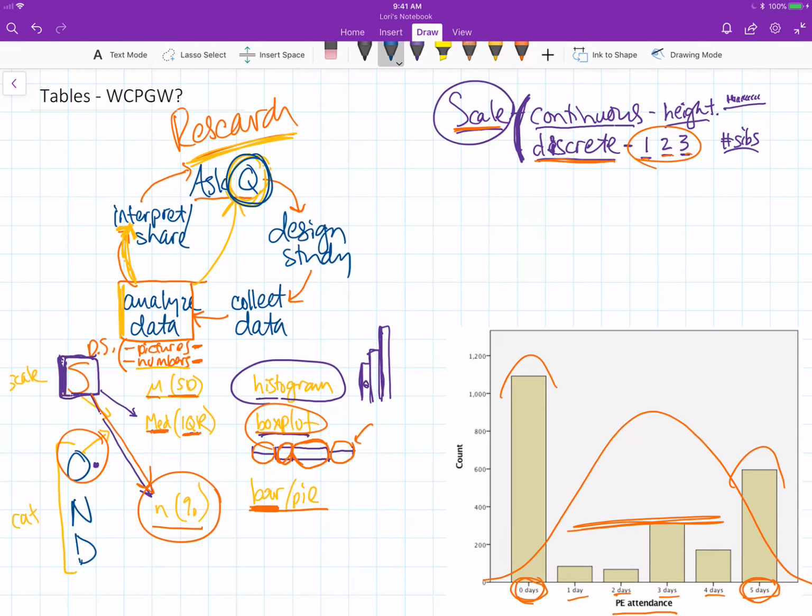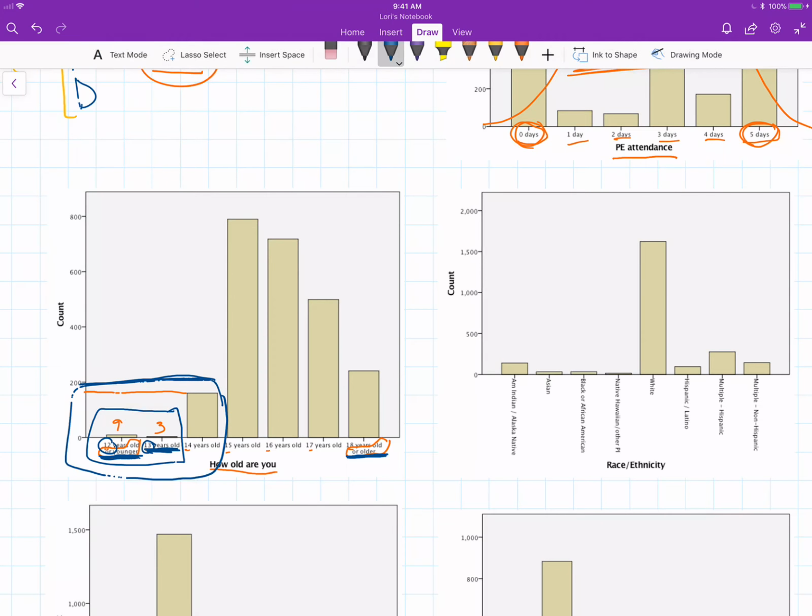So that's age. Here's another one, specifically with race ethnicity. Here's an example of a time when you may want to put these categories in order. And you also may want to group some categories together.